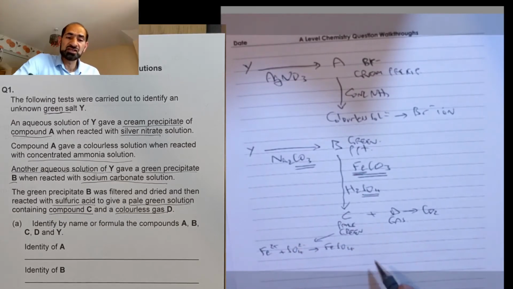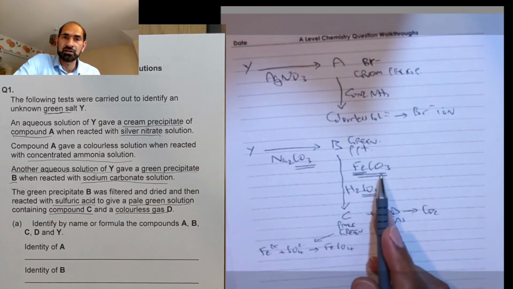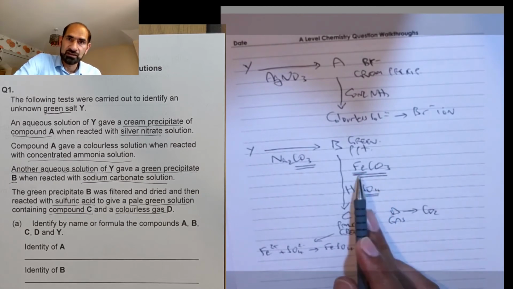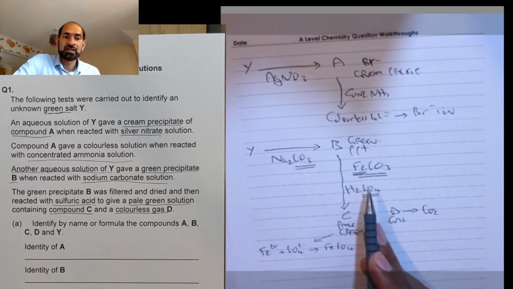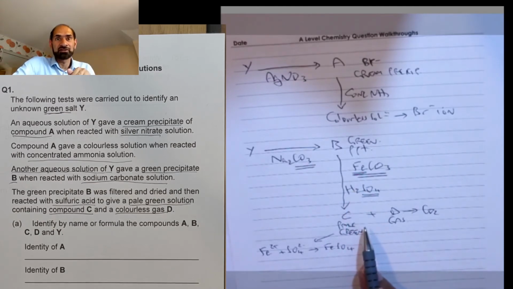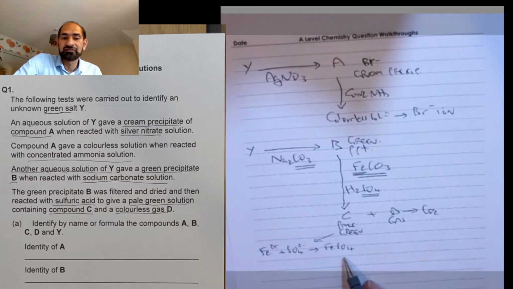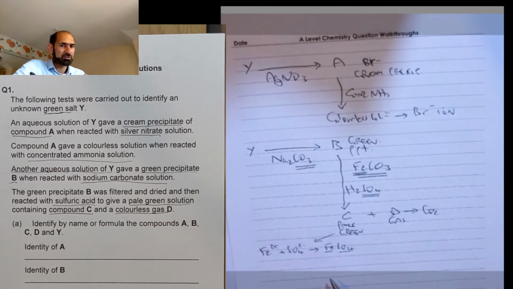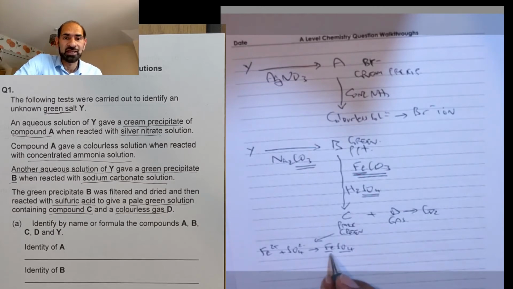So what's left in the solution after the hydrogens react with the carbonate is the sulfate ion and the Fe2+ ion. Obviously, these will be dissociated because remember it's ionic bonding. So it'll be Fe2+ ions floating around the solution, and sulfate, SO4 2- ions floating around the solution. But the solution will be pale green because of the Fe2+.